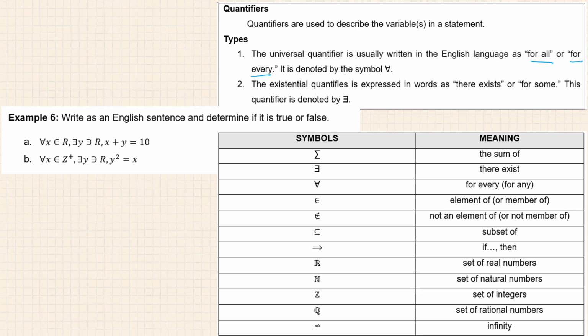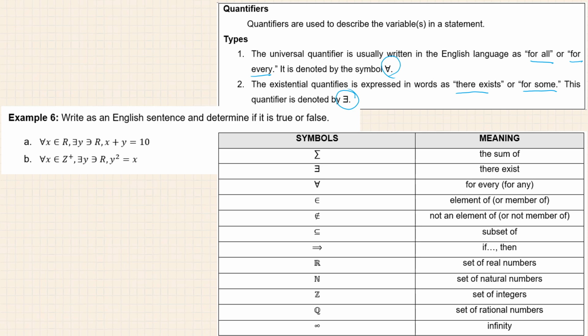And it is denoted by the symbol, the upside-down A. The existential quantifier is expressed in words as there exists or for some. This quantifier is denoted by this one, the backwards E, and it can be read as there exists or for some. So remember, we already talked about these symbols and meanings in Module 2 Part 1.